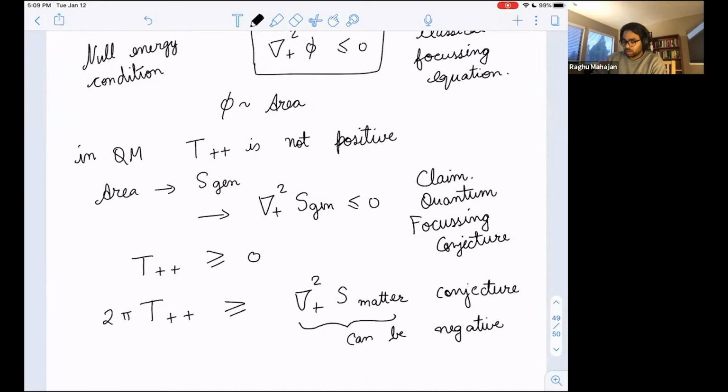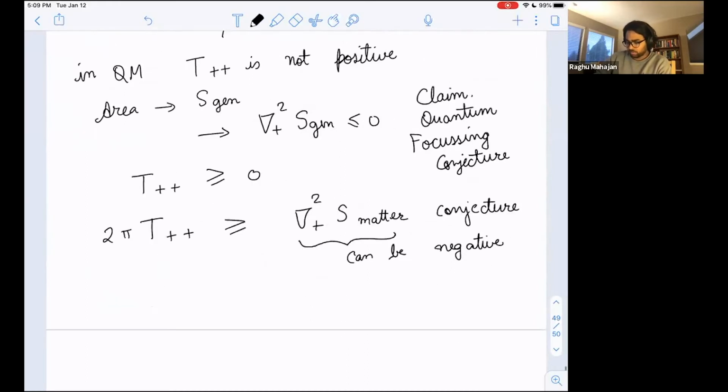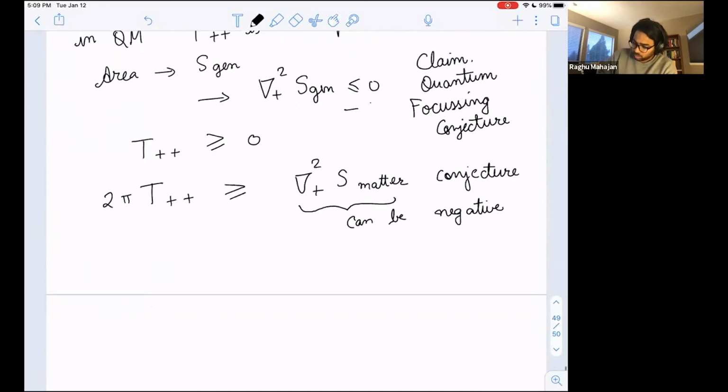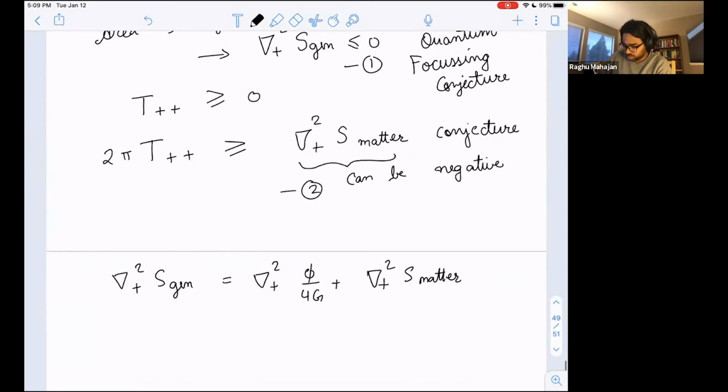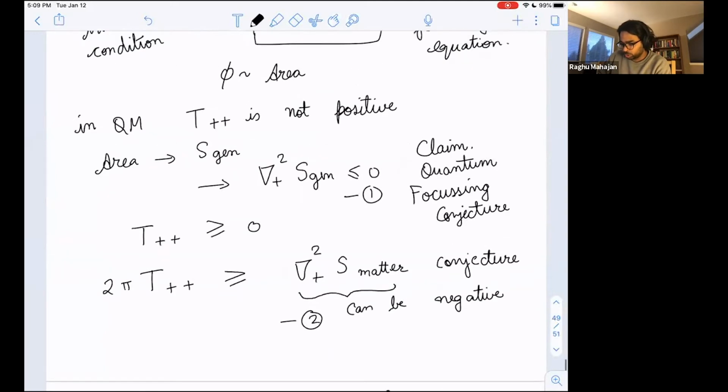Okay, and we can see how equation 1 relates to equation 2, because grad plus square of S gen is grad plus square of phi over 4g plus grad plus square of S matter, just because S gen is phi over 4g plus S matter. And on the first term, we can use the equation of motion.